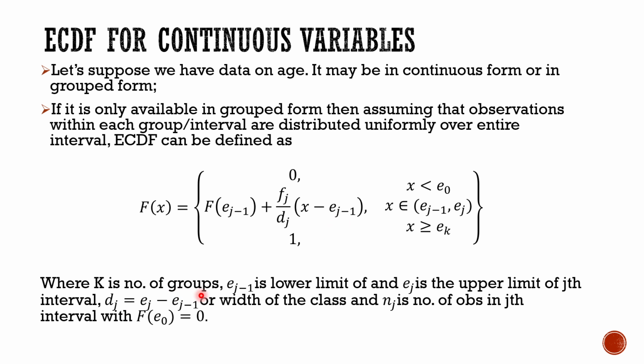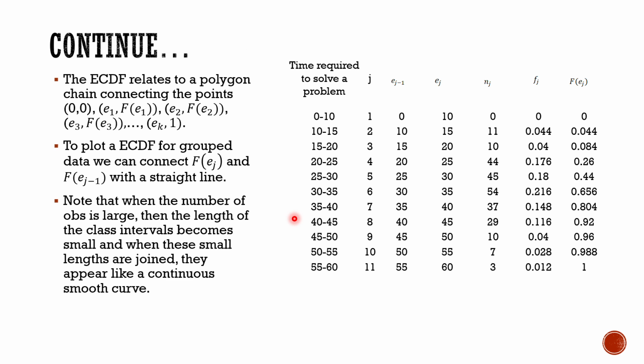Here k is the number of groups, then e_(j-1) is the lower limit and e_j is the upper limit of the jth interval. d_j is the difference between the lower and the upper limit of the jth class, or you can say this is the width of the class, and n_j is the number of observations in the jth interval, with F(e_0) equal to 0. So the distribution of the lowest class would be 0, and this is the formula. You can calculate it by this.